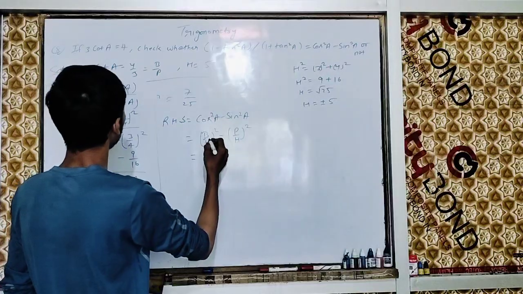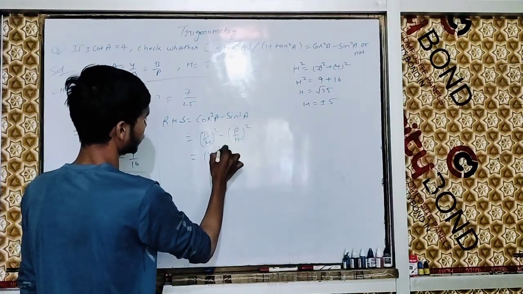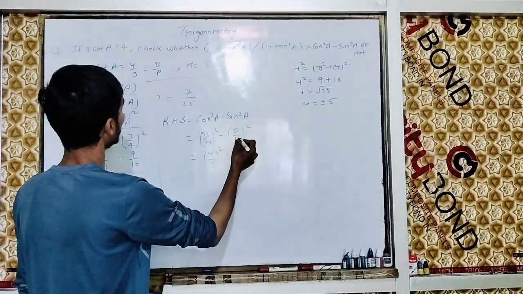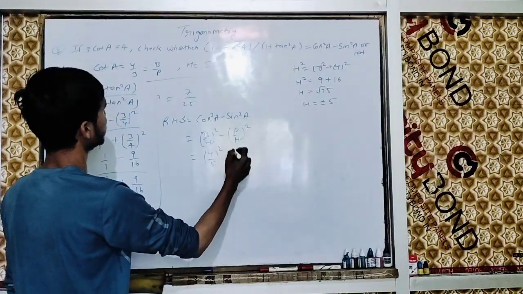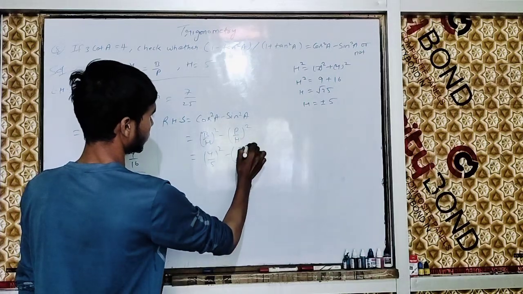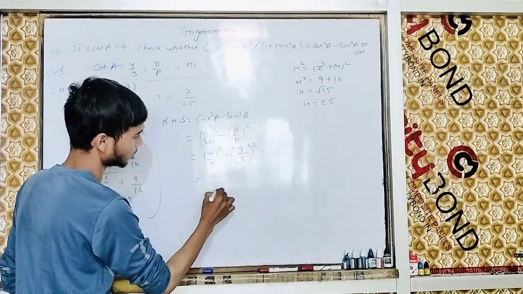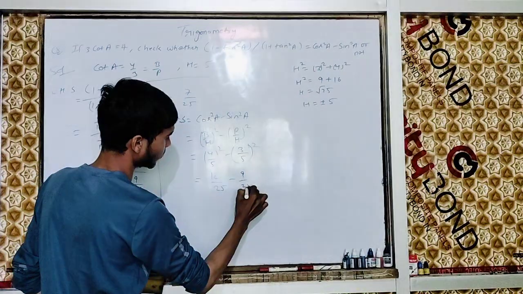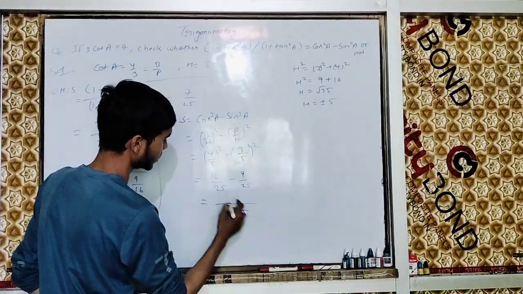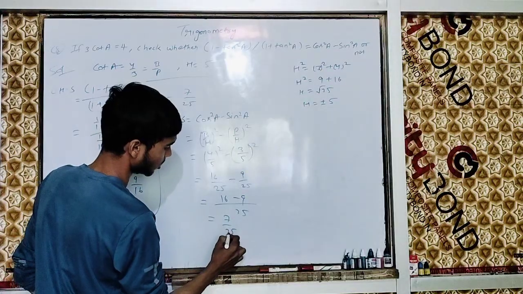B is 4 and H is 5, this fraction is in a square. P is 3 and H is 5, it is in a square. Now 4 4 is 16, 25, 3 3 is 9, 25. Here 25 is common, 16 minus 9, it is coming 7 upon 25.